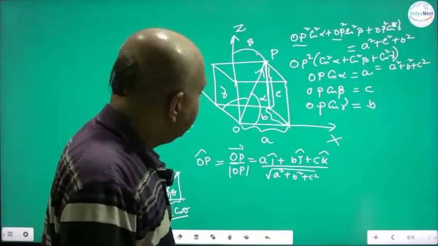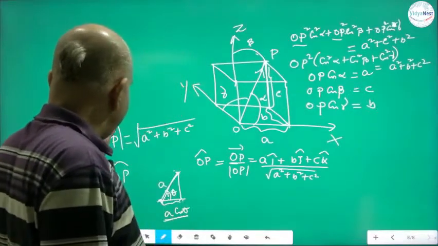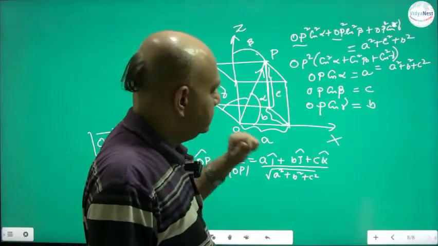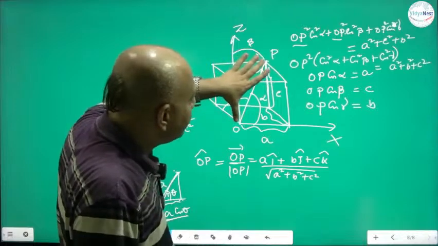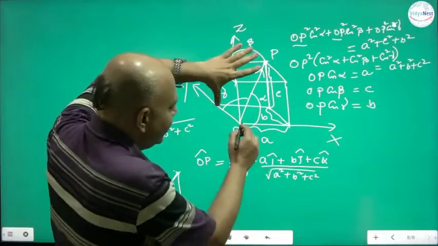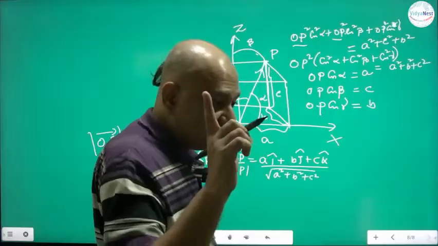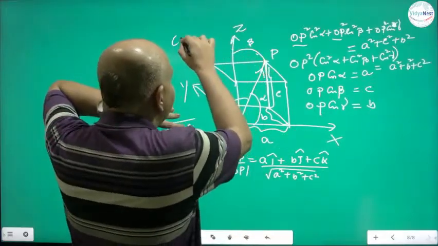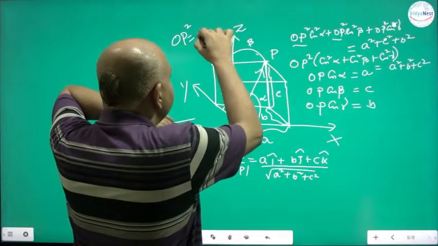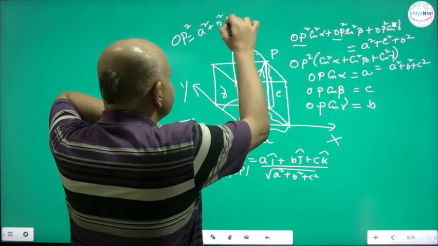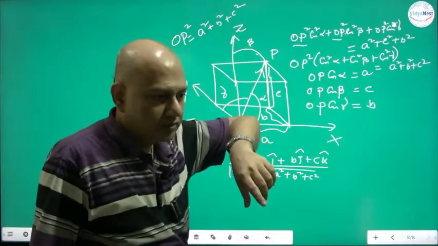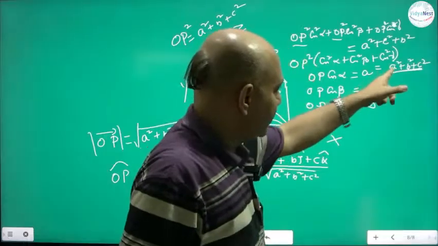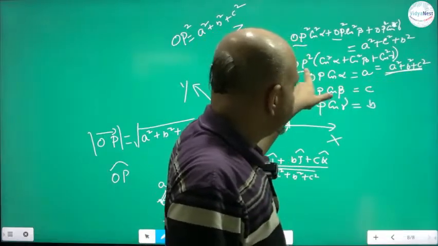Okay? You can see this is OP square. And already we know, from the class 9 concept, OP is the diagonal, and diagonal square is a square plus b square plus c square. So a square plus b square plus c square is also equal to OP square.